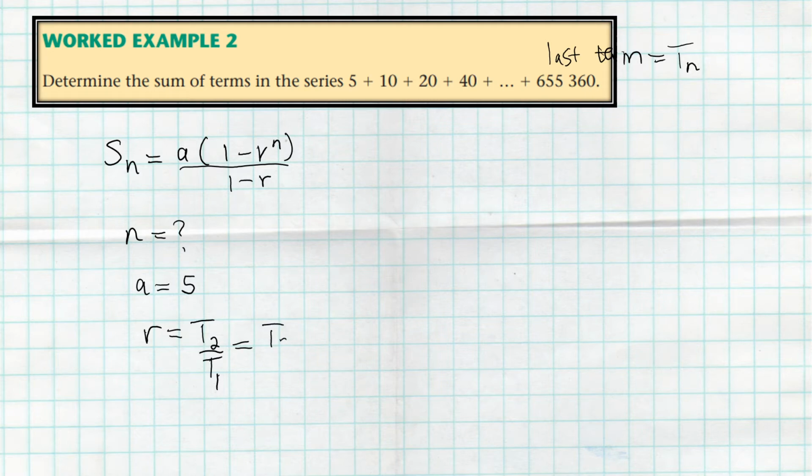So I'm going to substitute those things and see how it goes. Term 3 is 20 divided by 10. 10 divided by 5 is 2. And 20 divided by 10 is also 2. So our common ratio is 2.